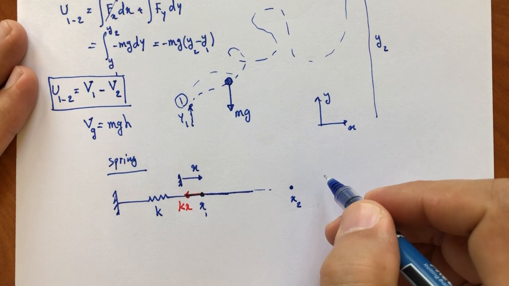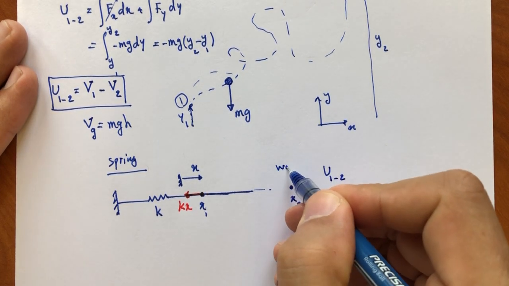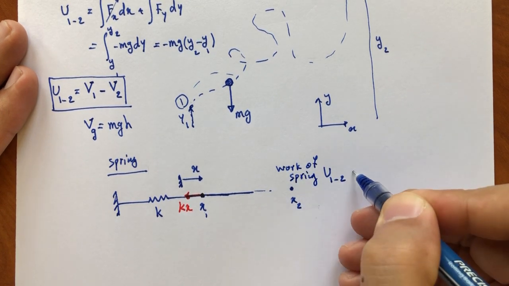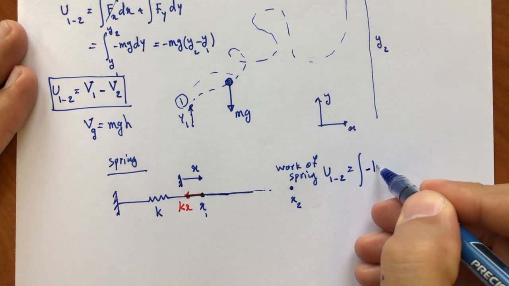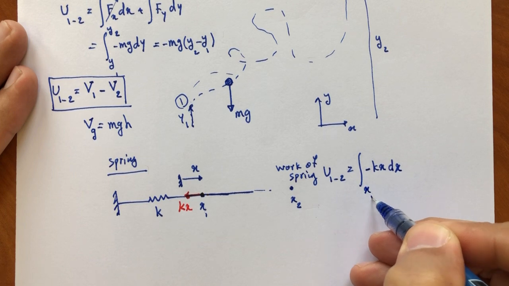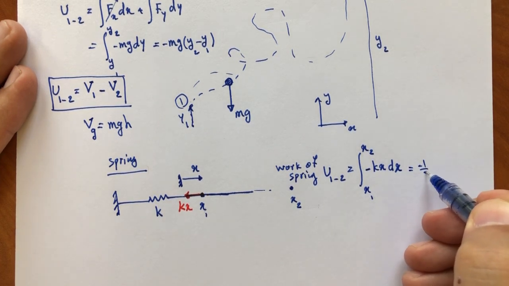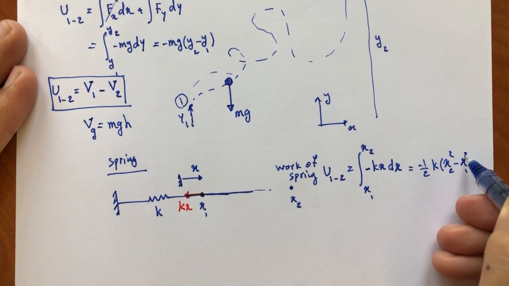Based on the equation that we learned in the previous page, U from 1 to 2, the work of the spring, is equal to the integral of Fx dx. Fx is kx in the negative direction, so negative kx, times dx. The initial point is x1 and the end point is x2. This is a simple integral. It's going to be negative 1/2 of k times x2 squared minus x1 squared.